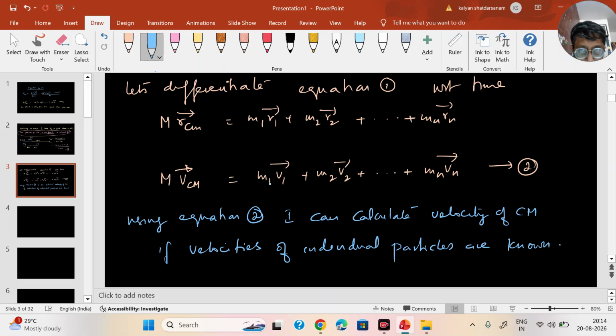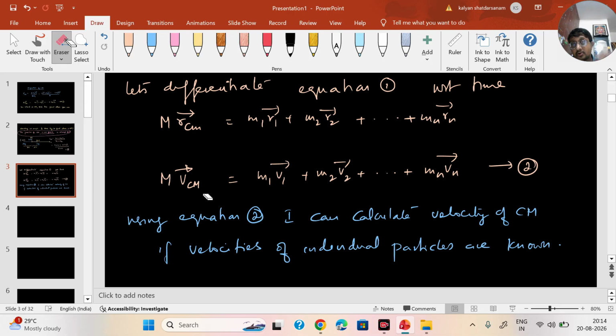So, if I know the velocity of first particle, that is v1, and if I know velocity of second particle v2 and so on, velocity of nth particle vn, if I know all of these, then using this equation I can even calculate velocity of center of mass. But this is not very important. It's okay, this is not bad, this is fine.